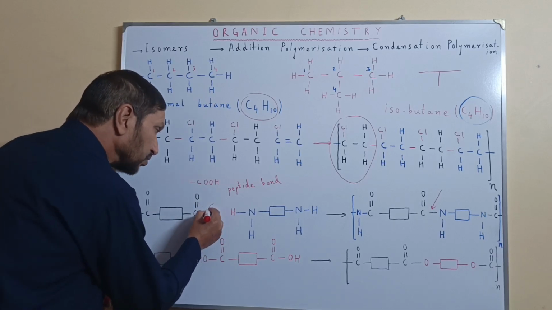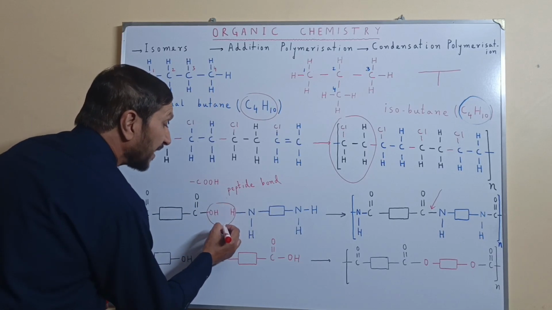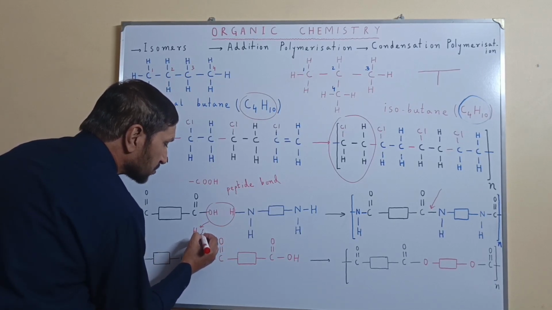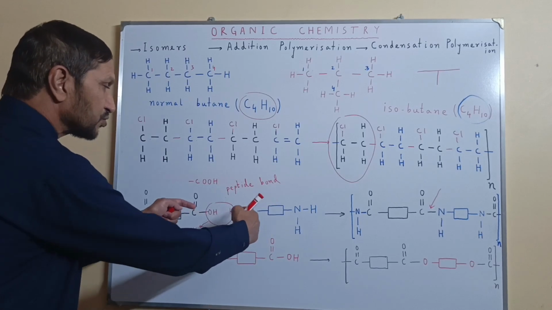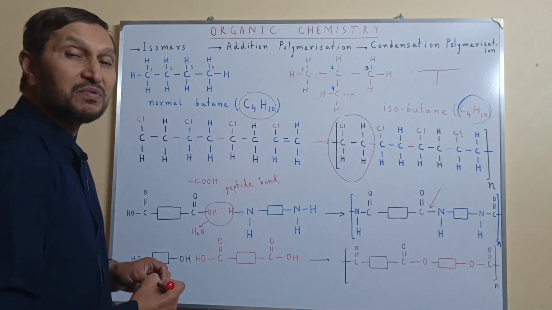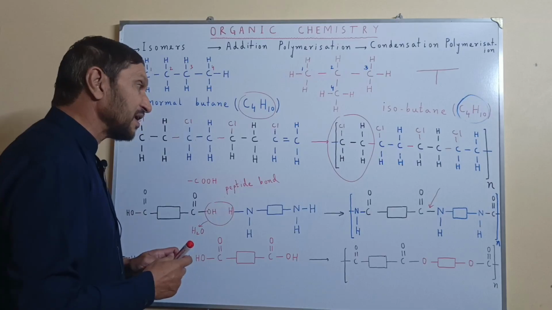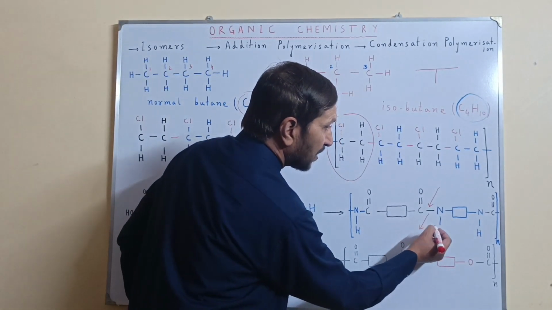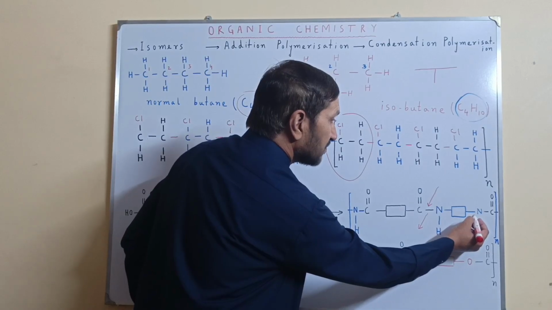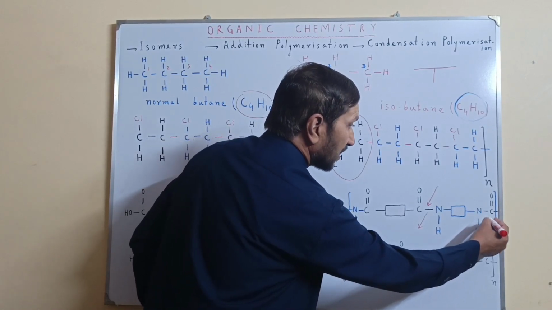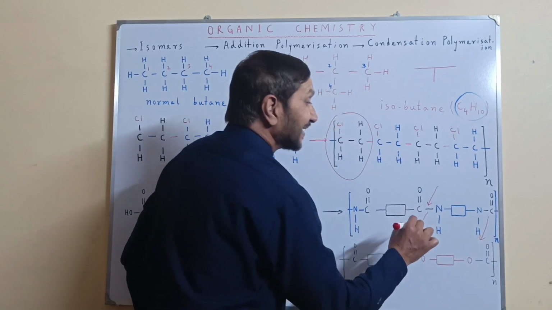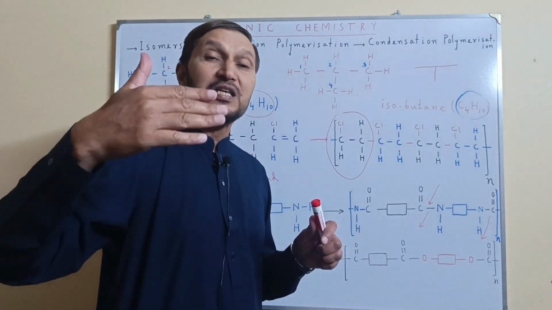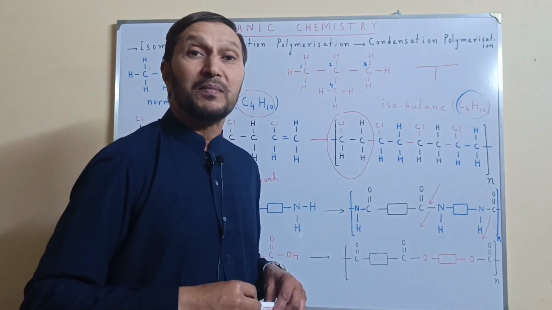But when it is removed, it will form H2O, water. So when we join the two monomers, a water molecule will be removed. During condensation polymerization, all the time, a water molecule is removed on each bond between each link, and the two different monomers keep combining together to form a polymer.